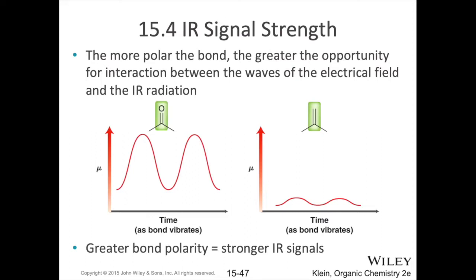So in other words, the greater your bond polarity, the stronger that IR signal, because of the greater electric field that gets created, and therefore its interaction with the IR radiation. So in a nutshell, the more polar your bond, the stronger your signal. That's really what it comes down to.